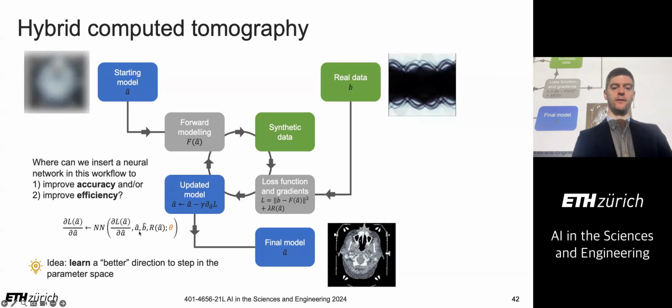And then the image maybe, or maybe just everything else we have inside this for loop available to us. So we have the current image, we have the original observational data. We may even have some values of some regularization terms that might tell us how good that image is, like a guess of how good the image is. And so we just put this neural network into this inner loop of the hybrid solver.